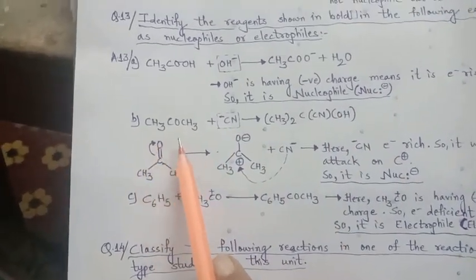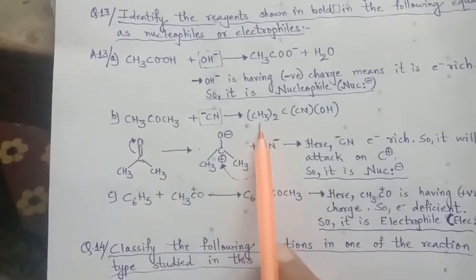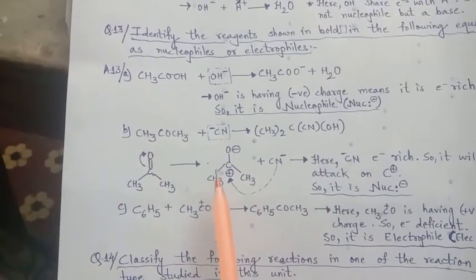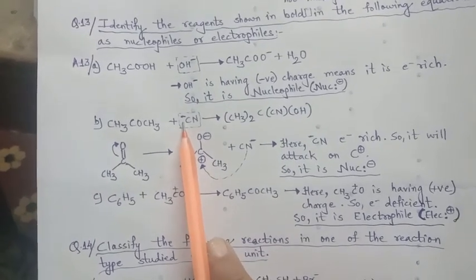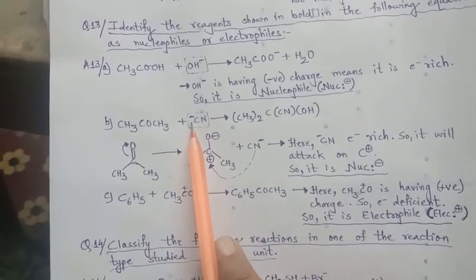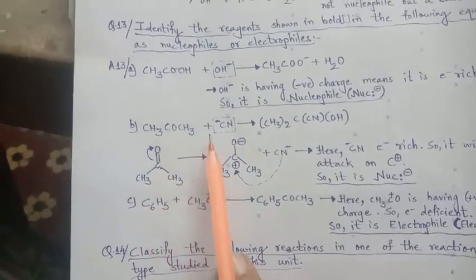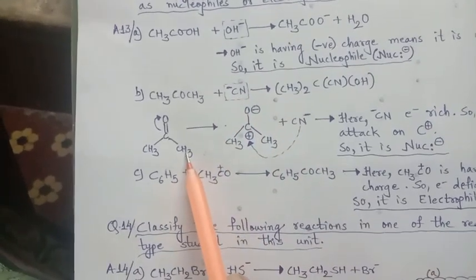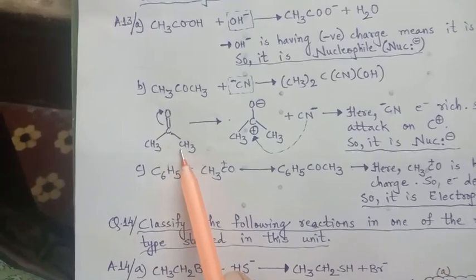Here CH3COCH3 plus CN minus, right, which is giving CH3C(CN)OH. Now here what is the thing? Here CN minus, again a minus charge is there, so it is also a negative charge, electron rich. That means it is also a nucleophile. You have to just identify whether nucleophile or electrophile, but still I have shown here the mechanism. So let us go through that mechanism.